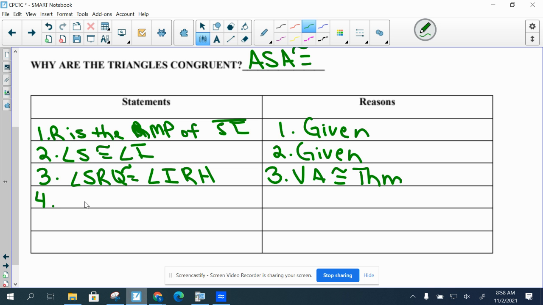Yes, we're going to use the definition of the midpoint. So for the next step, you could say, by definition of the midpoint, exactly what we put in the diagram, SR is congruent to IR.